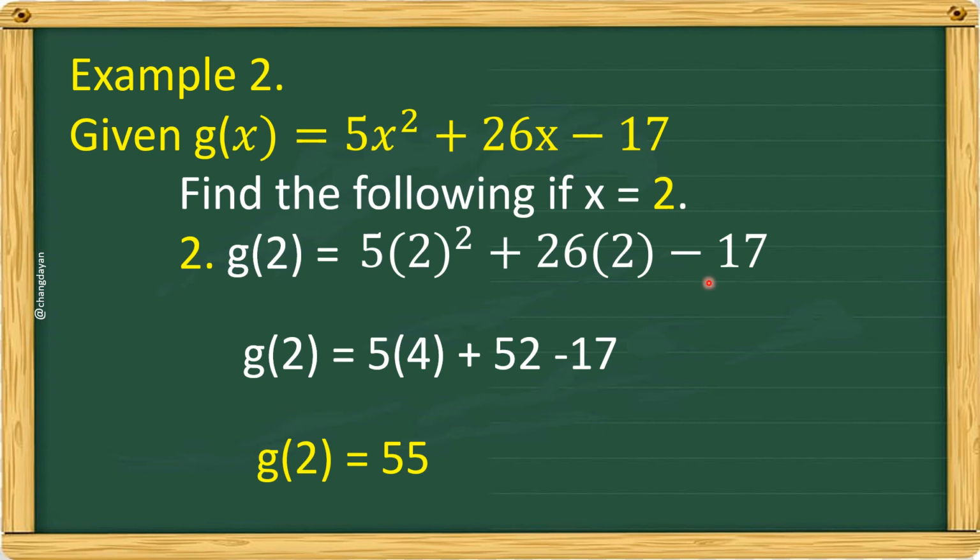Then 26 times 2, and you'll get 52 minus 17. Let us simplify. 5 times 4 is 20 plus 52 is 82 minus 17. The answer is 55.